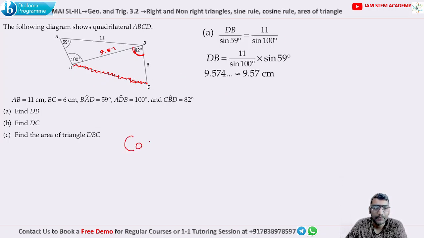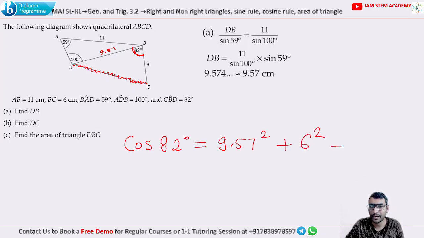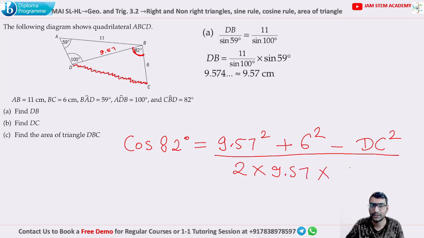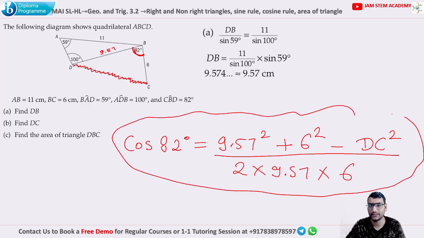Cosine of 82 is given by the sum of squares of adjacent sides, so 9.57 squared plus 6 squared minus the required side, which is DC squared, whole divided by 2 times 9.57 times 6. Simplifying this, we can get the value of DC also.